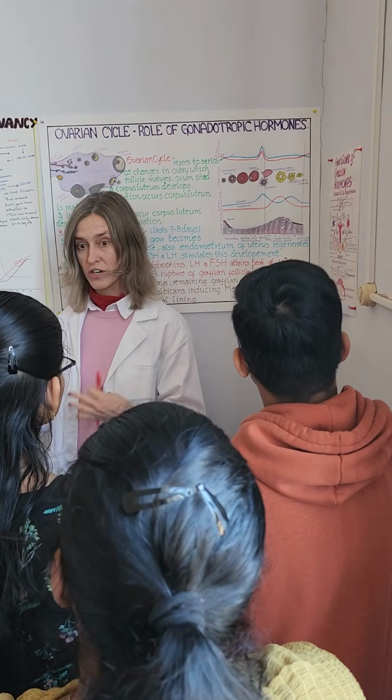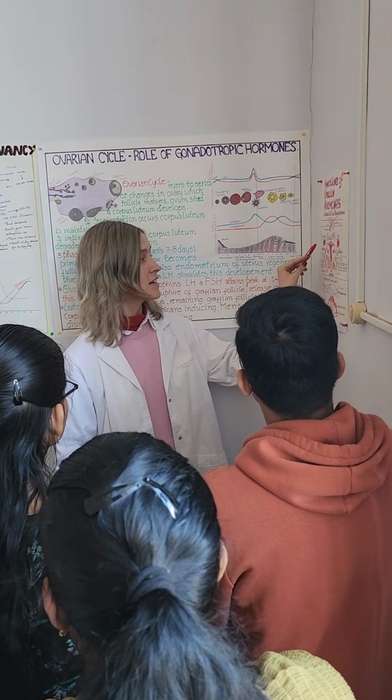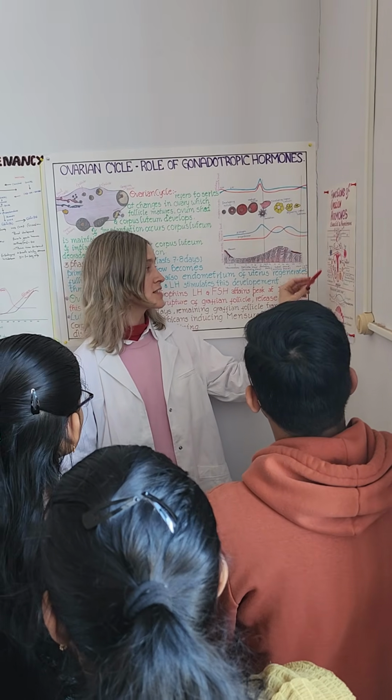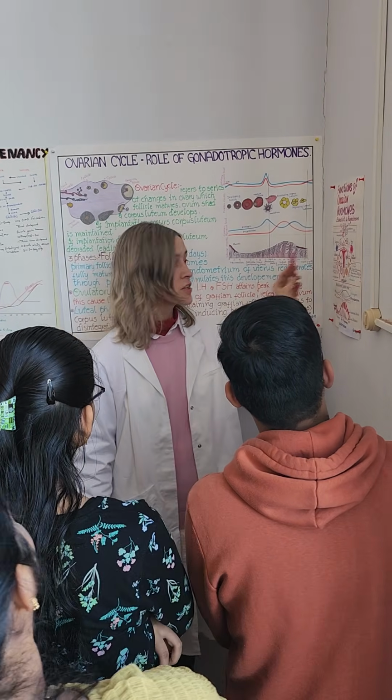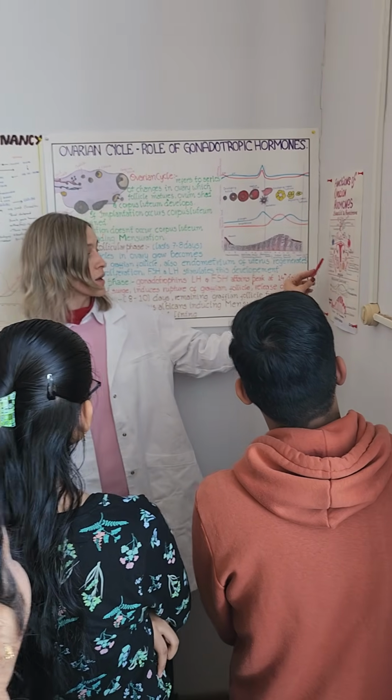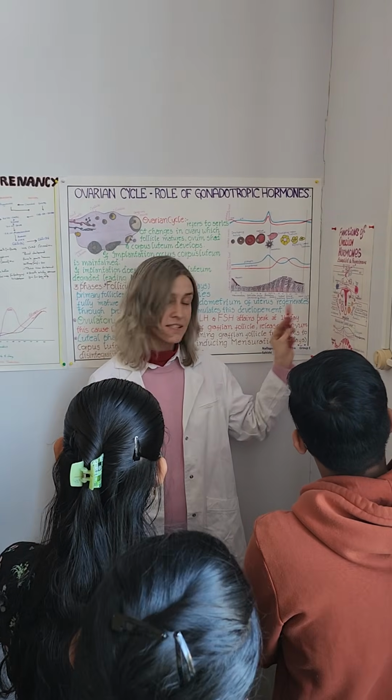The precursors are testosterone, actually, and most of them, through the granulosa cells with the help of the enzyme aromatase, are converted into estrogens. The most potent one is 17-beta estradiol.